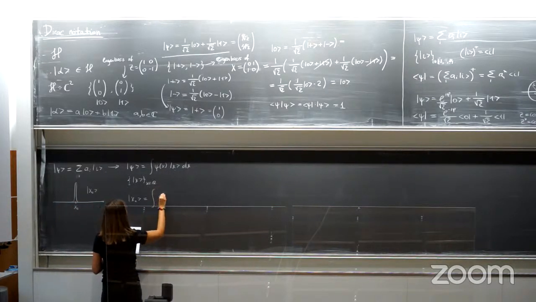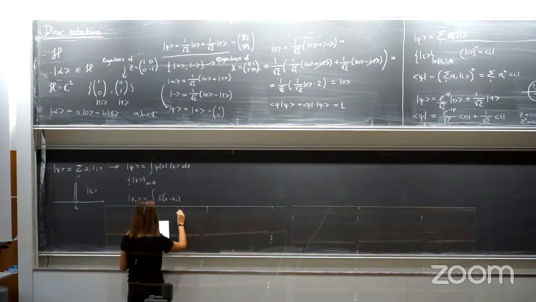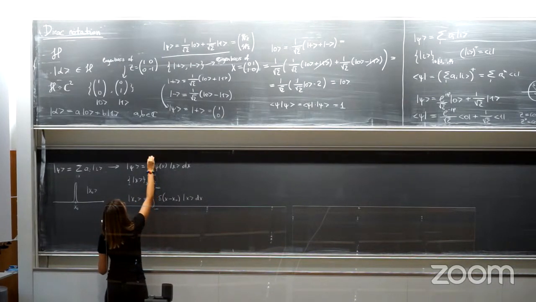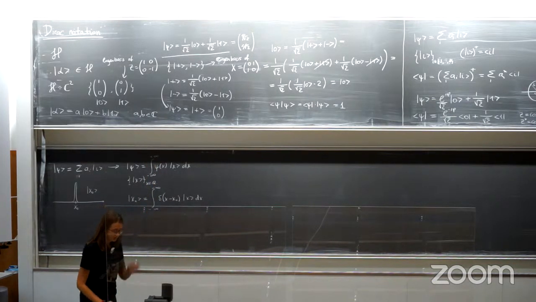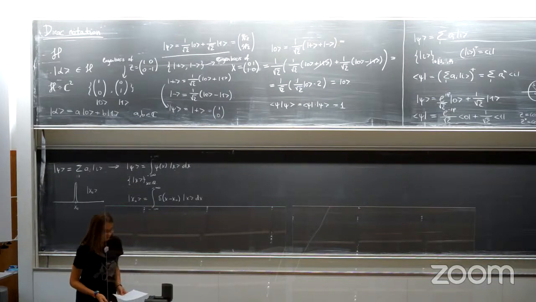So it's the integral of delta of x minus x0 times ket x dx, from minus infinity to plus infinity, which we usually take. So what is the idea of the Dirac delta function?